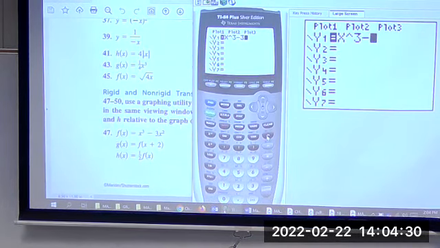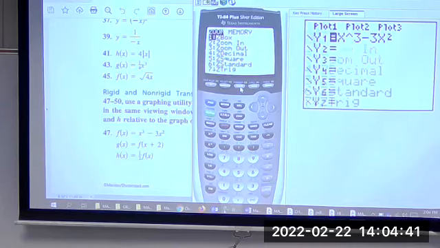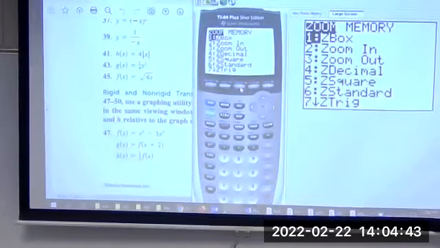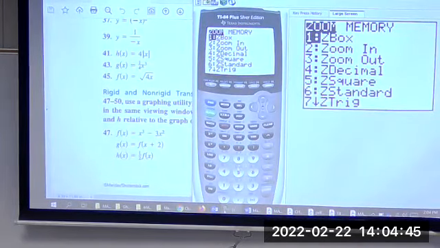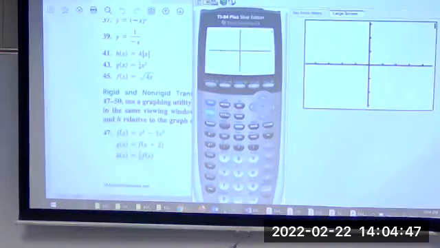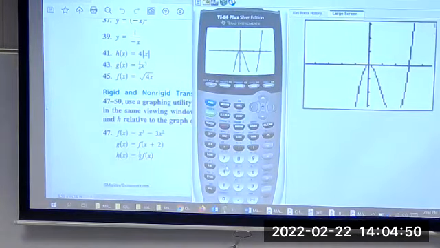I'm going to do a basic zoom decimal and see what that looks like.